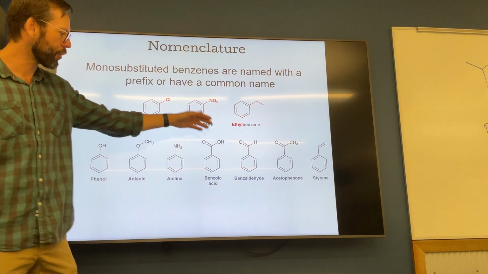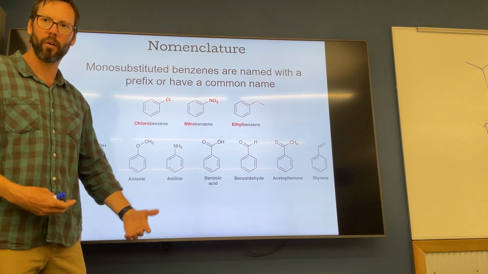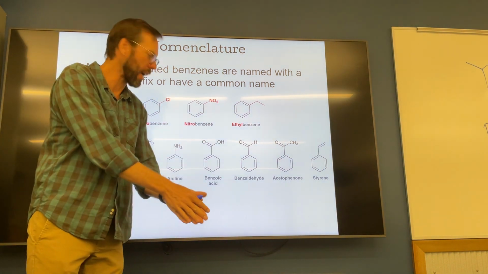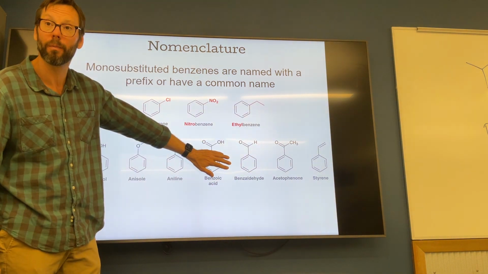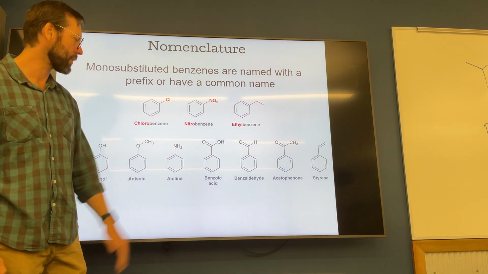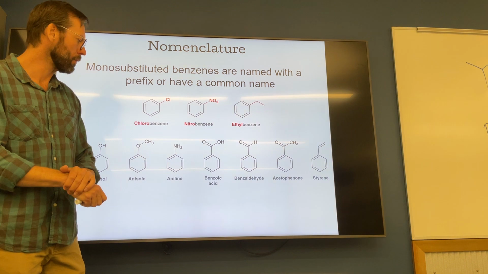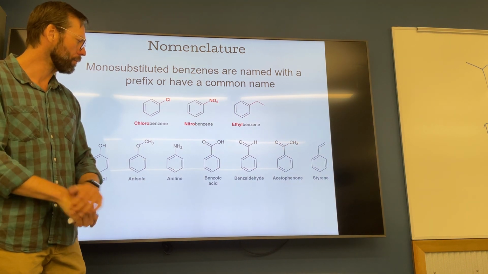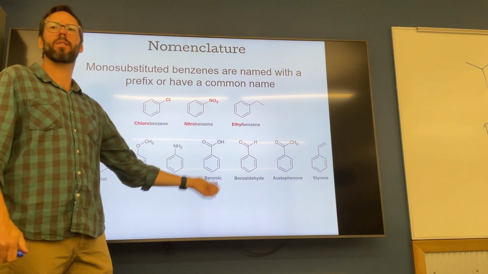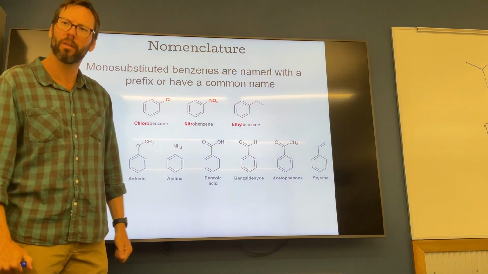Benzoic acid should be pretty straightforward because you guys know what carboxylic acid is, right? It's that group. So benzoic acid is often used in acne creams and stuff like that. It's an antimicrobial agent.